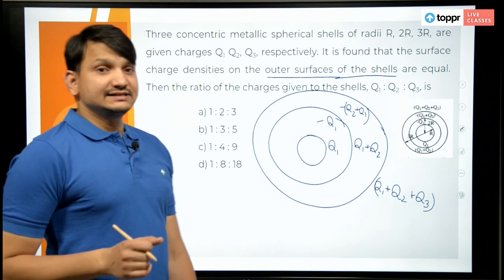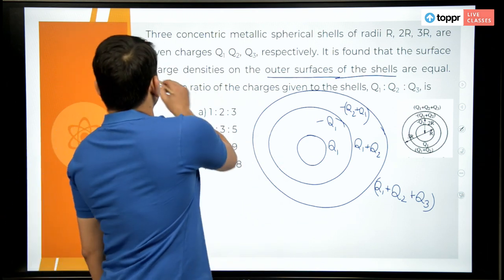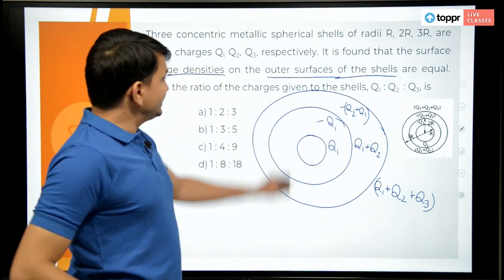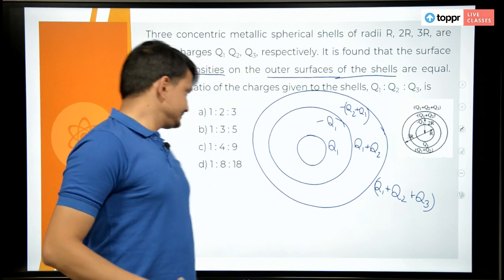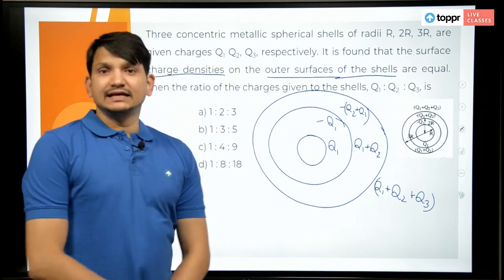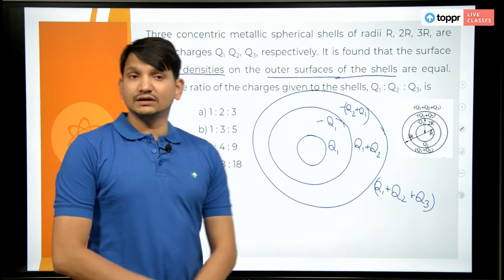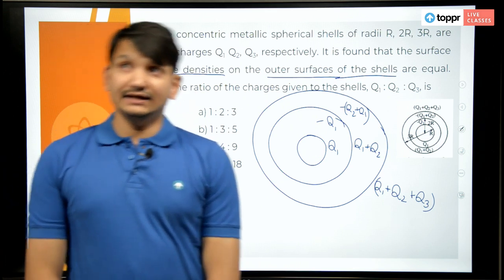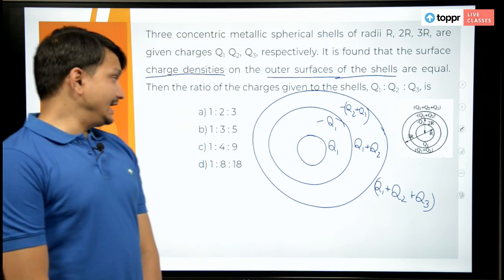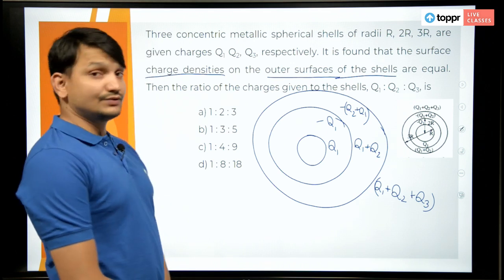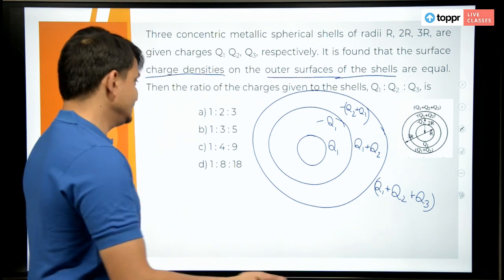Now we will discuss the charge densities on the outer surfaces of the shells. The innermost surface has charge Q1 and its area is that of a 4 pi r square sphere.